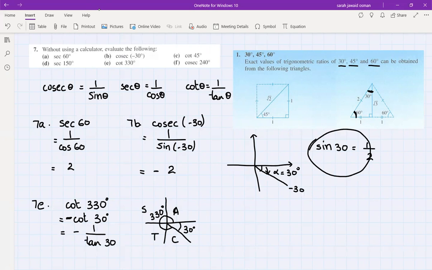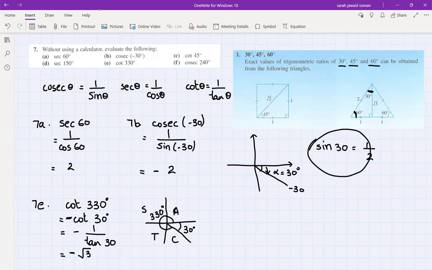So what is tan 30 from the basic special angles that we have already learned? Tan 30 happens to be 1 over under root 3. So if tan 30 is 1 over under root 3, 1 upon tan 30, or the reciprocal of tan 30, will be root 3 upon 1. And remember, this is a negative value, so don't forget to put the negative sign. I hope this is clear.